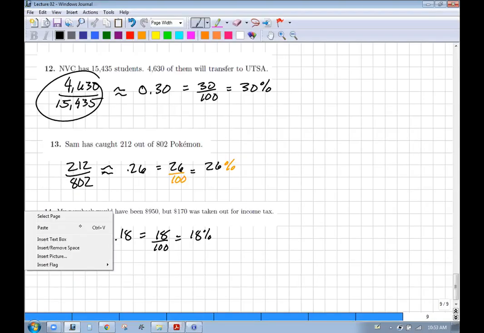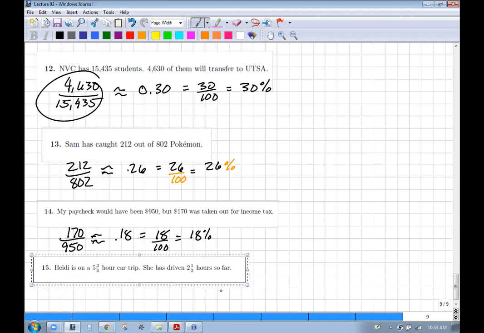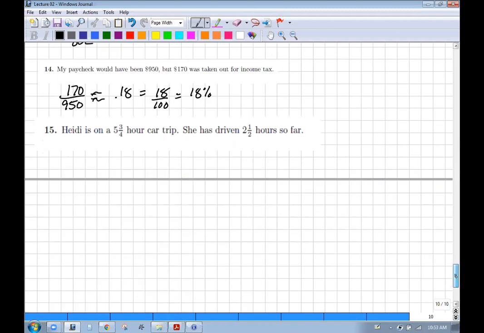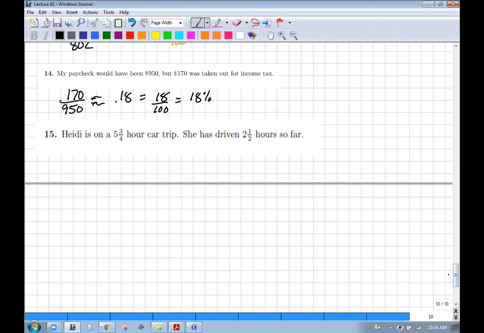All right, let's check out Heidi here. Heidi is on a 5 3/4 hour car trip. She has driven 2.5 hours so far. So she's driven 2.5 out of 5 3/4, or 2.5 out of 5.75.